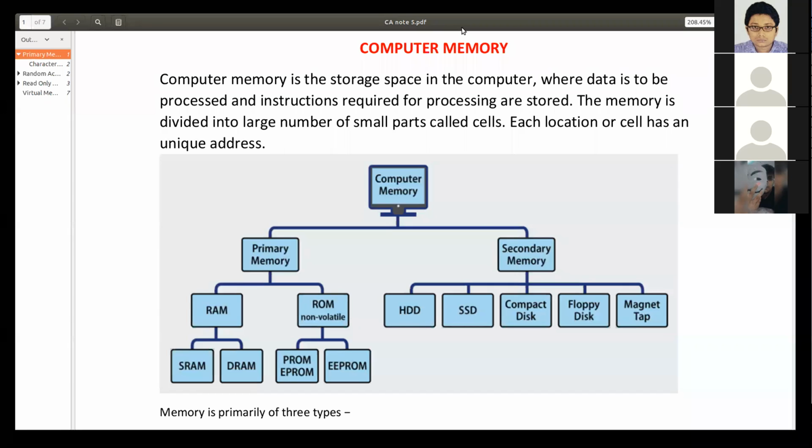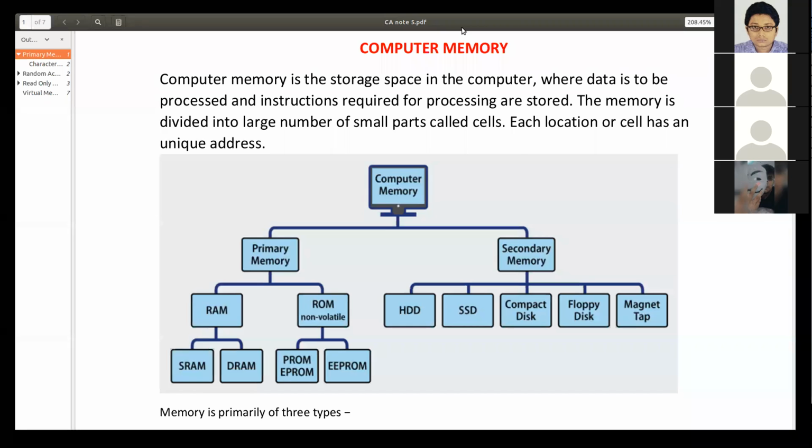The full form of RAM is random access memory, and the basic nature of RAM is that it is a volatile memory. That's a very important point. It's a volatile memory.